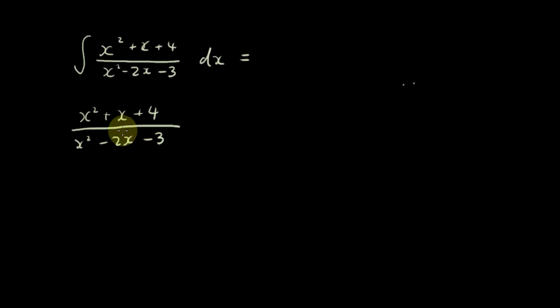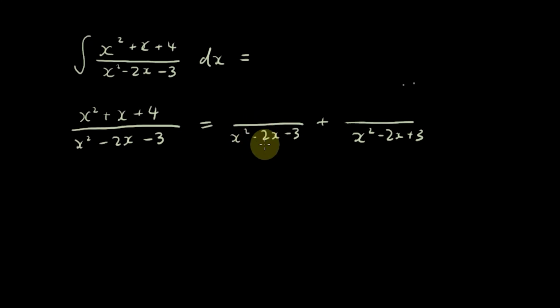We're going to pretend that we split it up by having two fractions. And on the bottom, I'm just going to put x squared minus 2x minus 3 on both sides. Okay, and then I'm going to copy the denominator again here. You'll see why in a second.